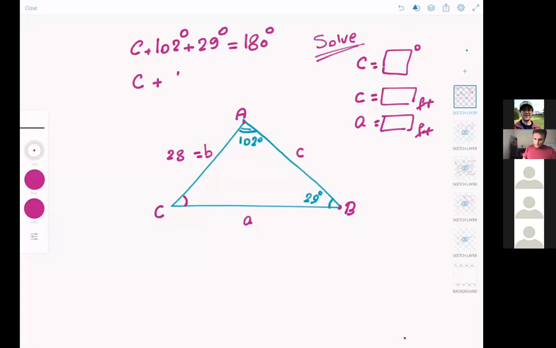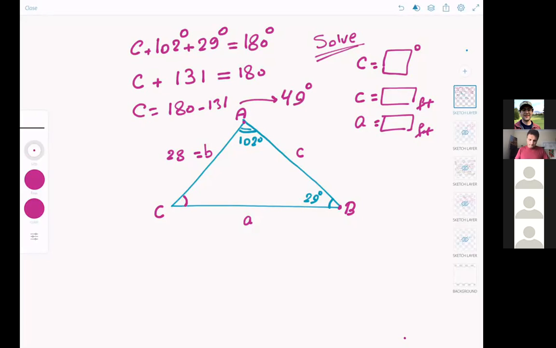C plus 131 equals 180. C will be 180 minus 131, which will be 49 degrees.